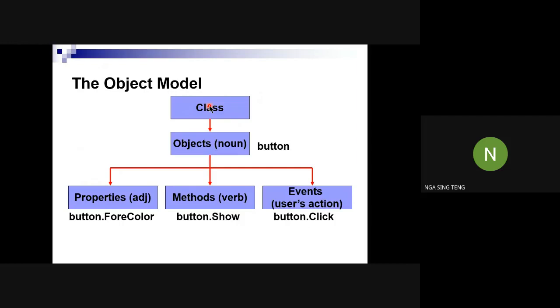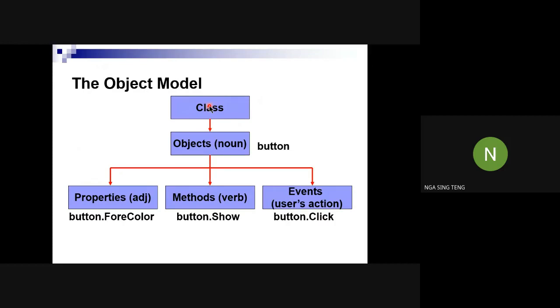If I want to come out with one object of the course class, I can come out with programming, database, web design, maybe. Those are the 3 objects all under this class called course.